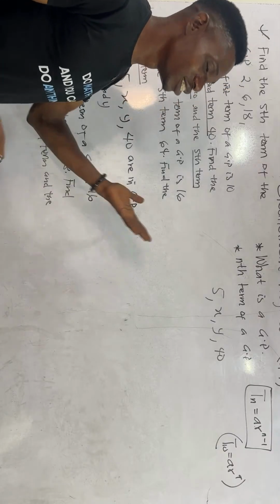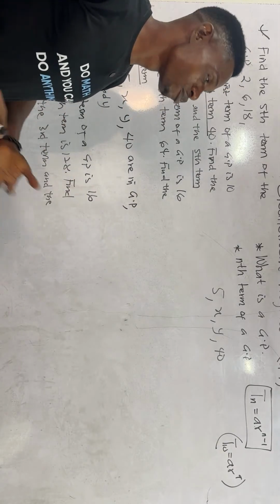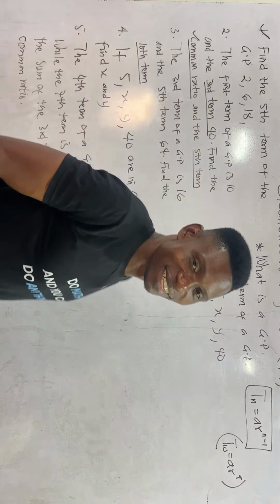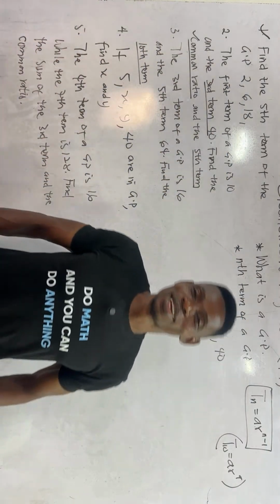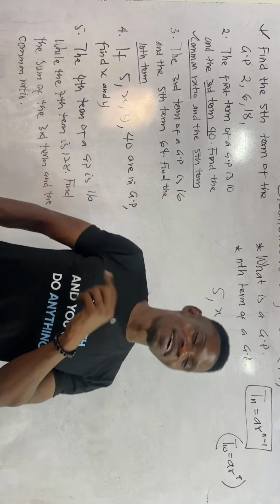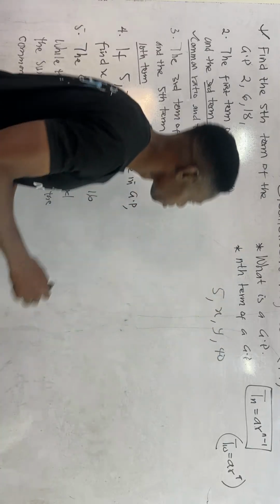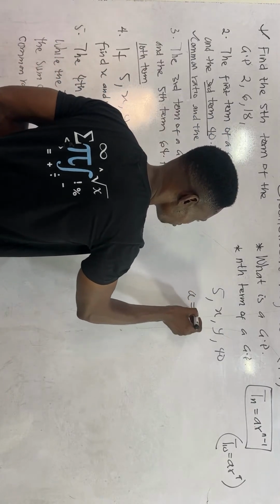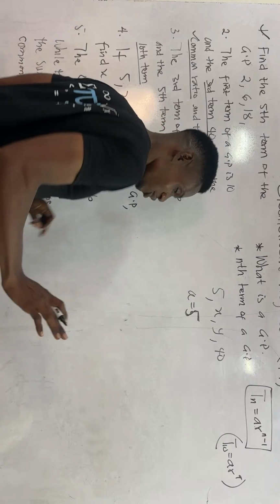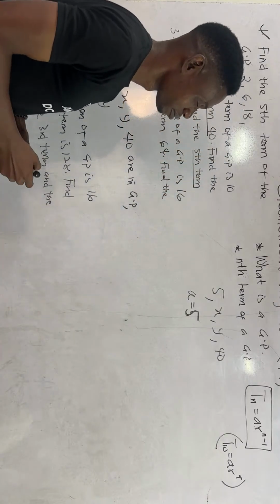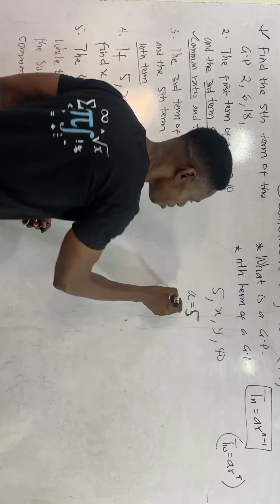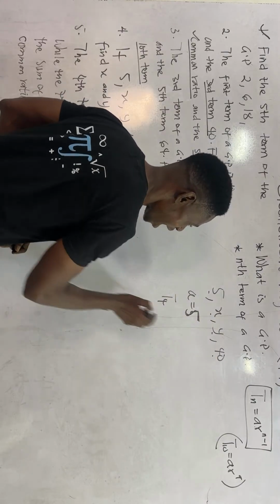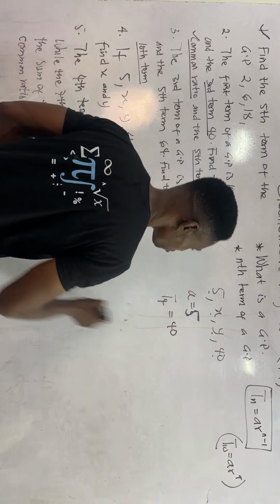They just told us this is a geometrical progression and we're to look for x and y. So, what do you think we'll do? Now, I have the idea. Watch. Our first term equals 5, right? That's obvious from the question, isn't it? And our fourth term, T4, that's 1, 2, 3, 4, right? Our fourth term equals 40, isn't it?